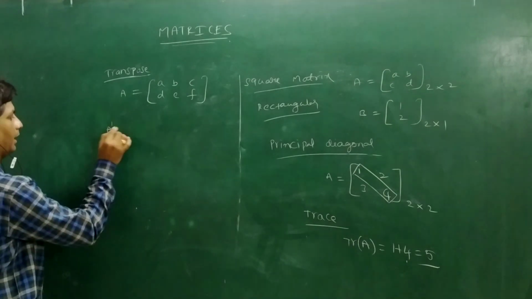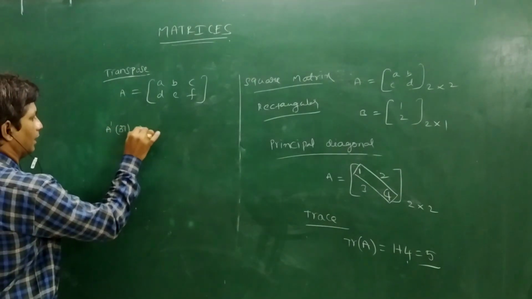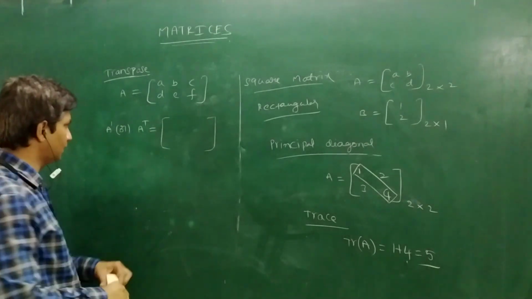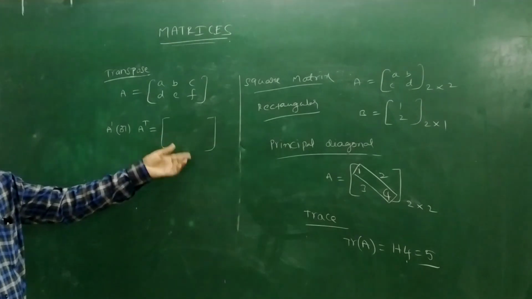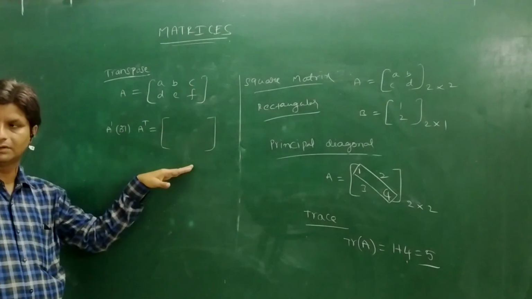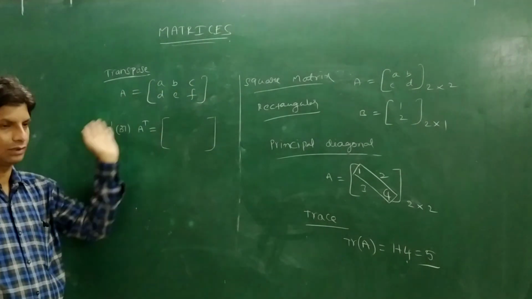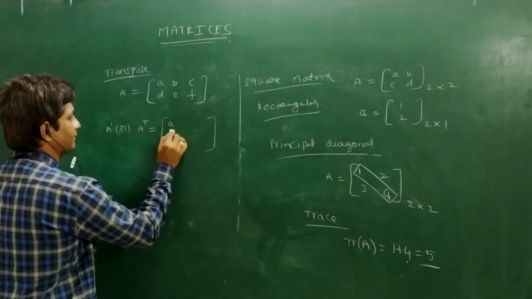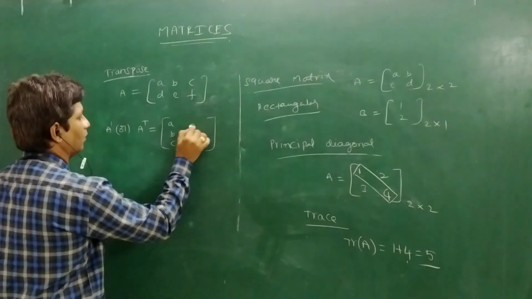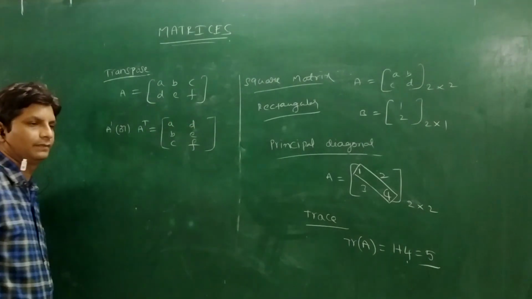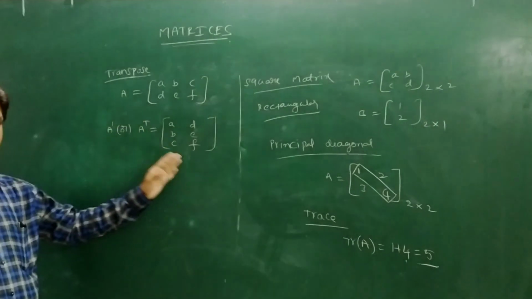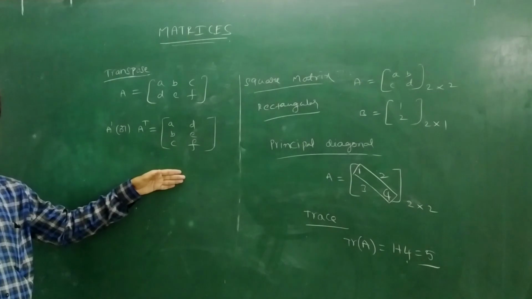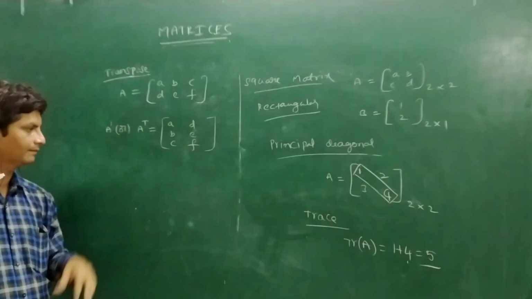It is denoted by A dash or A transpose, A power T. See here, this is the first row, I am writing it as the first column. Here this is the second row, I am writing it as the second column. So A power T, A transpose, is equal to this. This is the way to find the transpose of a matrix.